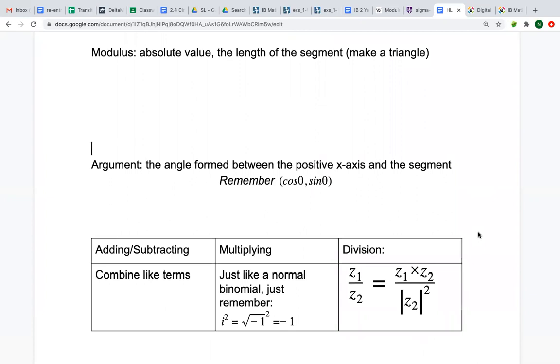So you can use that x coordinate. In that case, we had an x coordinate of 2. That should be equal to cosine theta. So then we can do the cosine inverse of 2 is equal to theta.